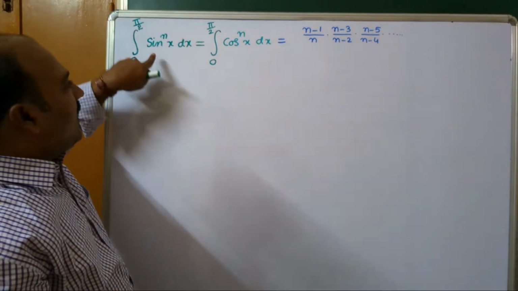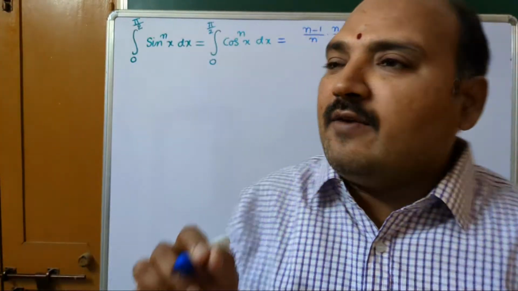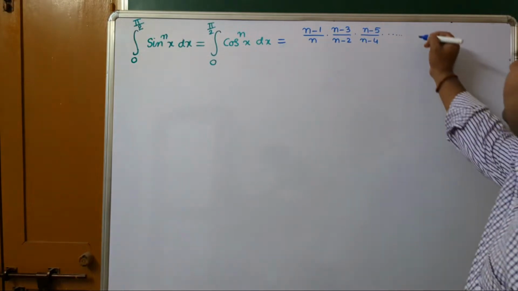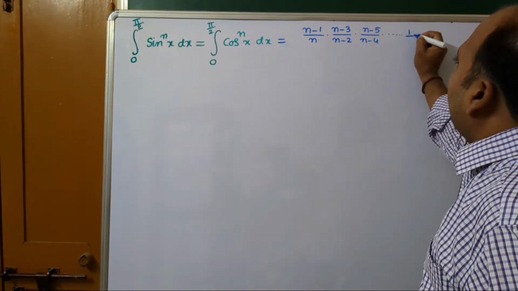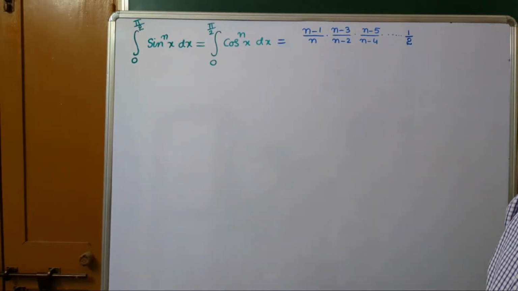If in either sin or cos the n value is an even number, you will get 1 by 2 at last. You remember this always, dear students.